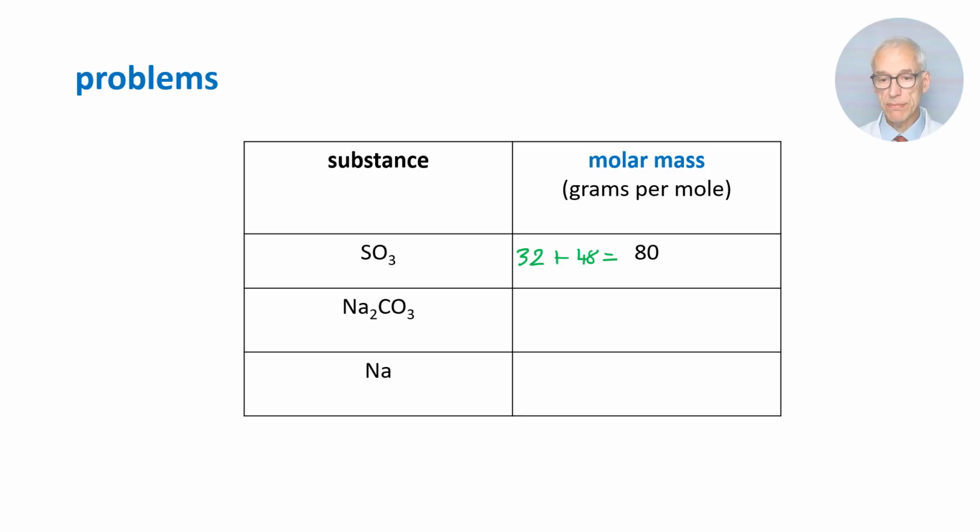Now sodium is 23, so I've got 2 sodiums, plus a carbon, plus again 3 oxygens. So that will give a molar mass of 106 grams per mole. Elemental sodium is simply a relative atomic mass of 23, so 23 grams per mole, a molar mass of 23.